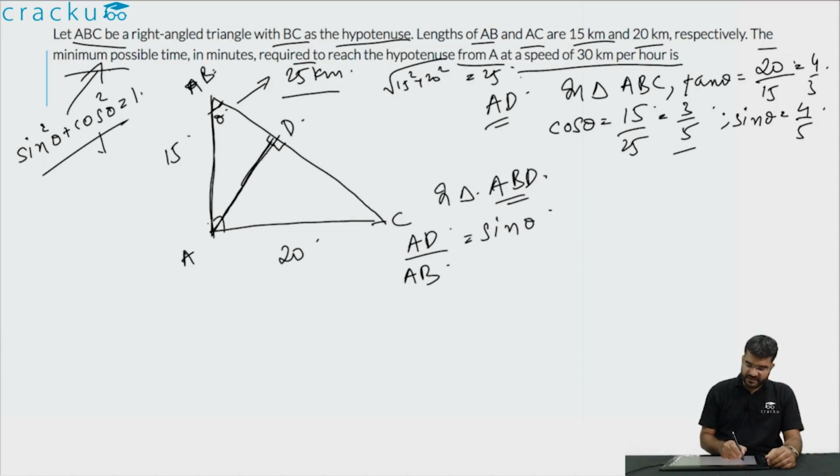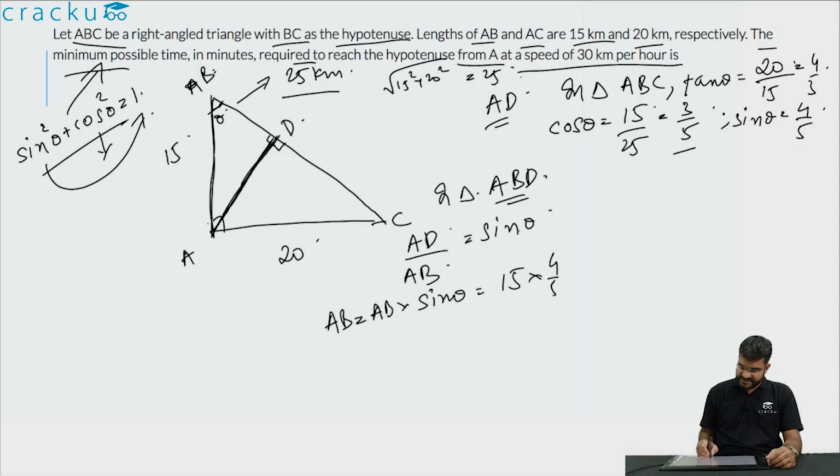So as AD by AB is sin theta, we know that AD is equal to AB into sin theta. AB is 15 into 4 by 5, this is equal to 12 kilometers.